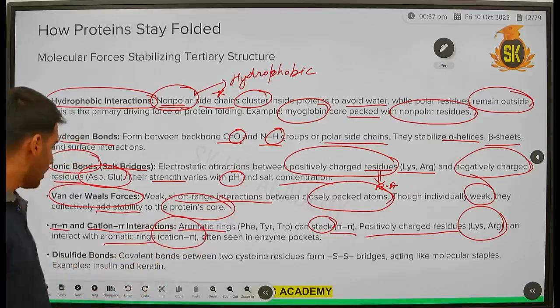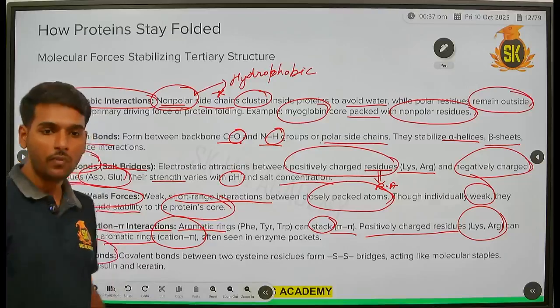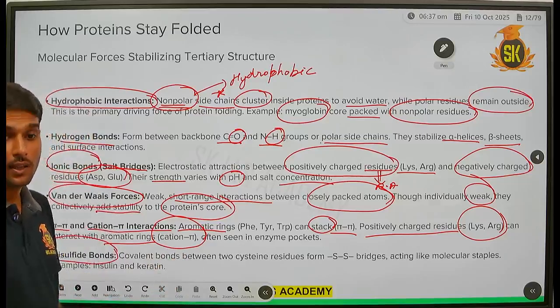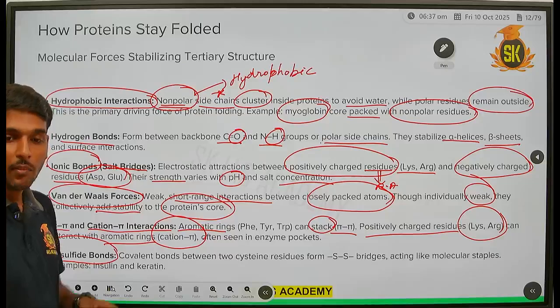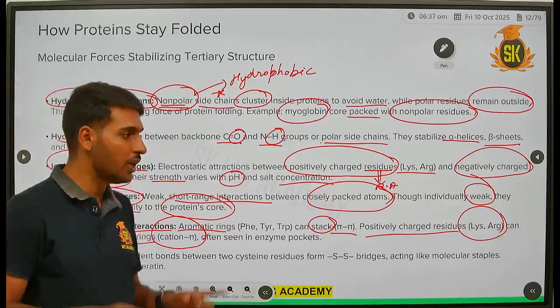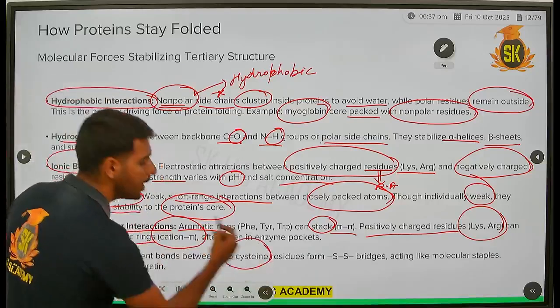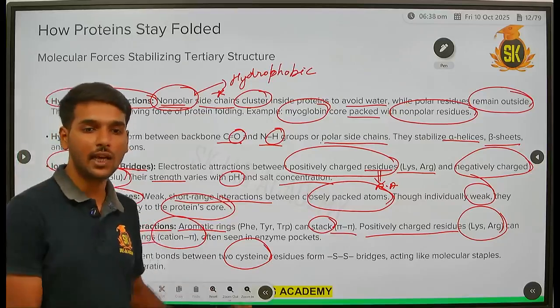Now at the end we have the most important, the second strongest bond which is seen in the tertiary structure of proteins. This disulfide bridge will occur only if there is a sulfur containing amino acid present, specifically cysteine.